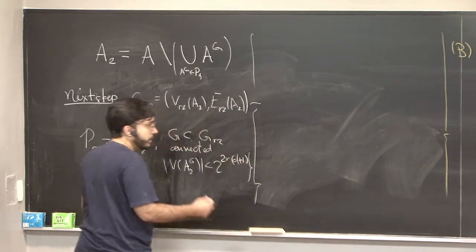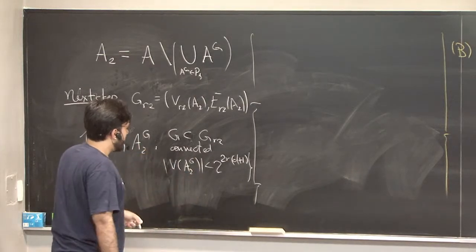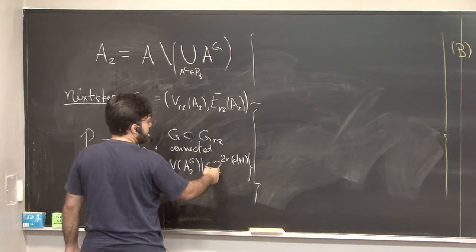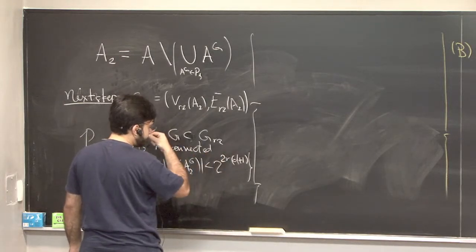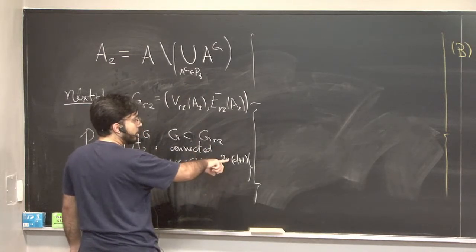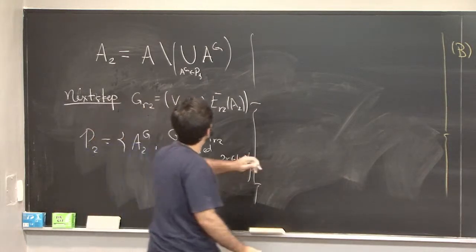So in this way, in each one of the scales, you are always extracting the components that have a small number of points in its volume with respect to that scale. So again, we repeat the procedure.